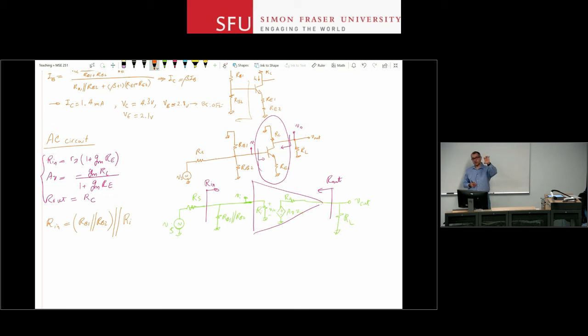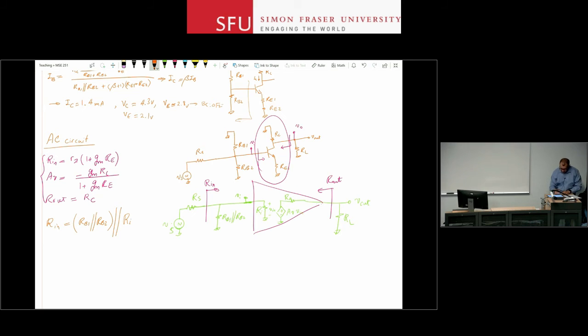If I attach a test voltage source to that node, remember Rs and Vs are gone. I measure a current through the combination of RB1 and RB2, and then a current through Ri of the amplifier. The sum of these two currents, when you divide the voltage by that, it's as if you have all these three resistors in parallel. So that's your Rin.